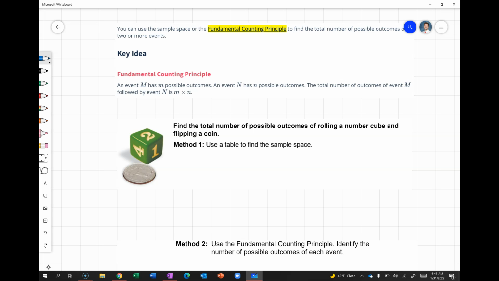We did a tree diagram in the last example. You could use a table to show that I could roll a 1, 2, 3, 4, 5, or 6, and I could flip heads or tails, and then keep track of all of these.